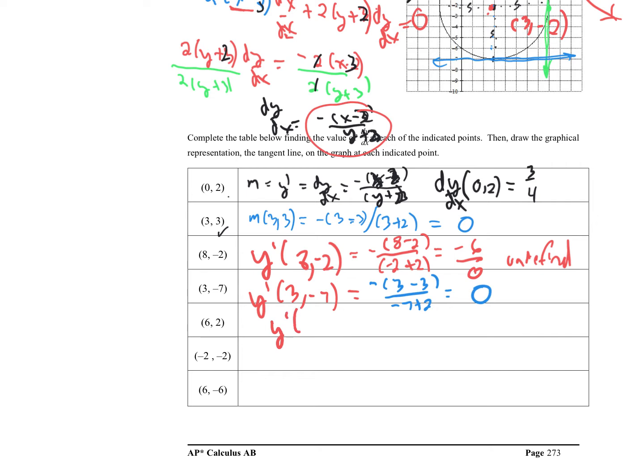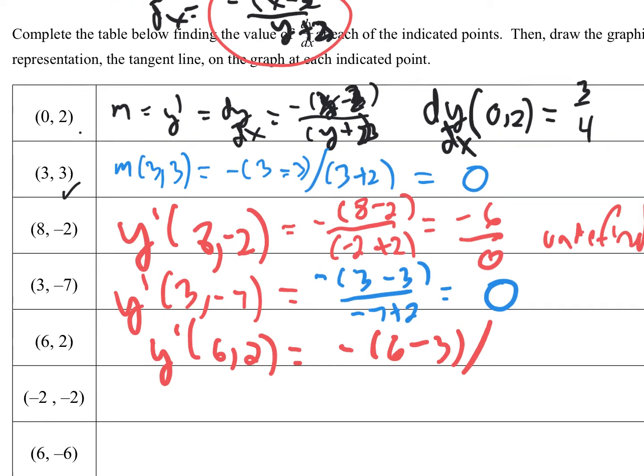Y prime at 6, 2 will be negative of a 6 minus 3 is minus 2.